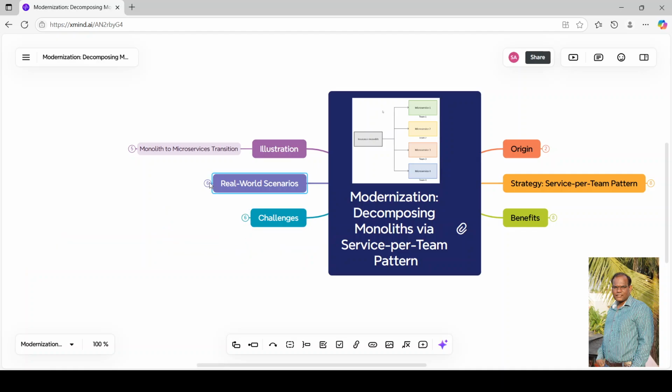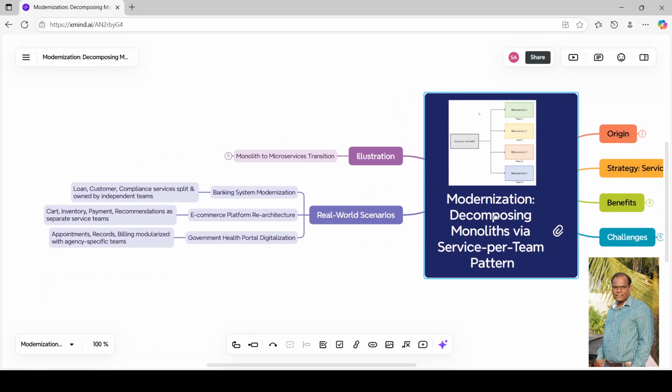Now let's discuss some real world scenarios: how teams can benefit using the service per team pattern. Let's say there's a large bank and they broke their monolithic into customer KYC service, loan processing service, and compliance reporting service. All of them are totally different teams. Individual teams have their own list of responsibilities, their own ways the users interact with the team, and the kind of features they develop.